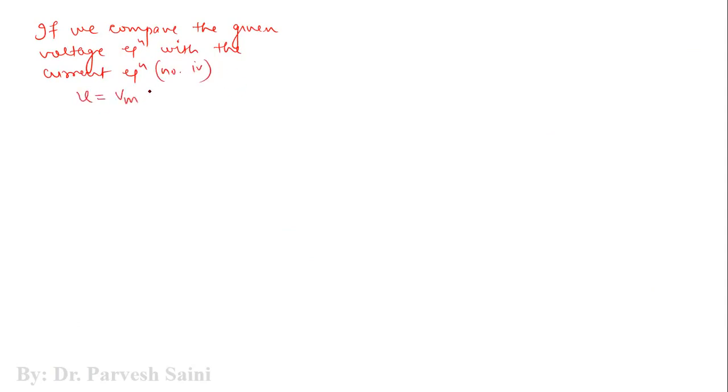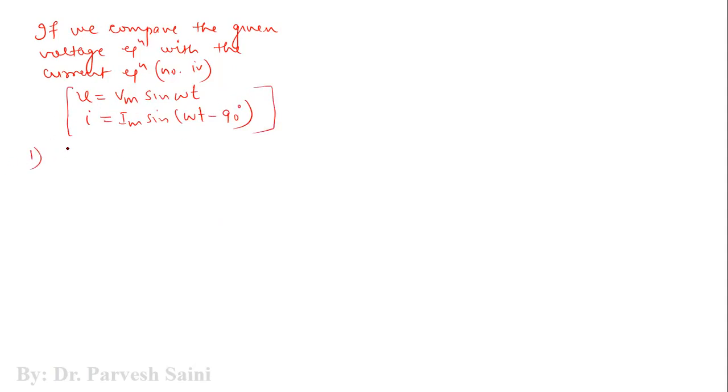V is equal to Vm sin omega t. I is equal to Im sin(omega t minus 90 degrees). Now, if you compare these two equations, you will see that there is a certain phase difference between these two.